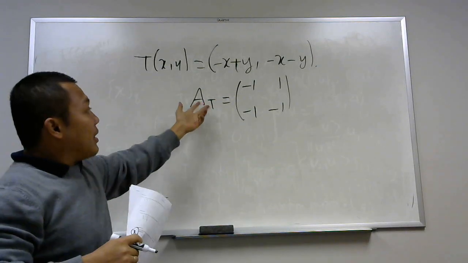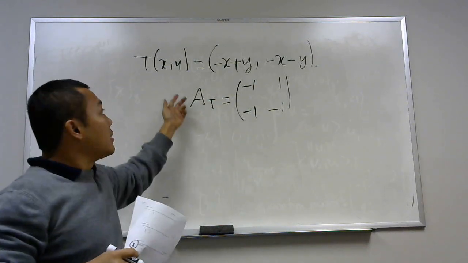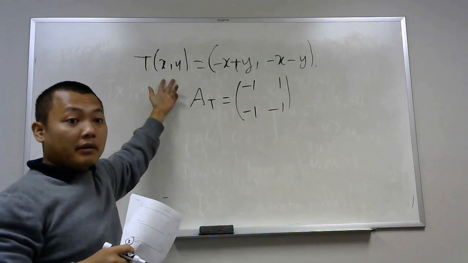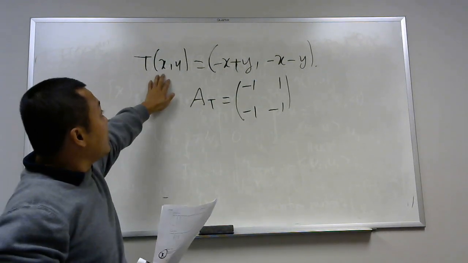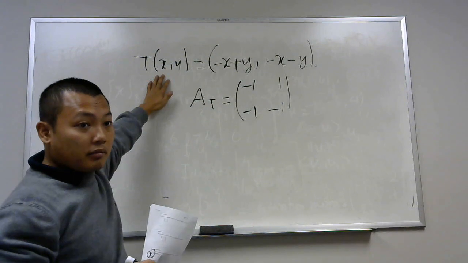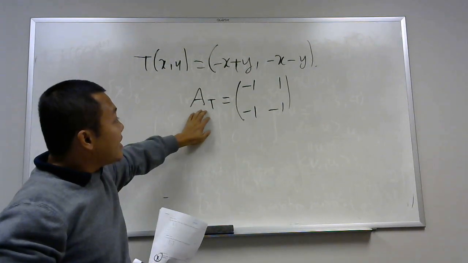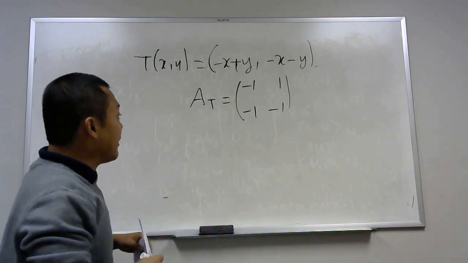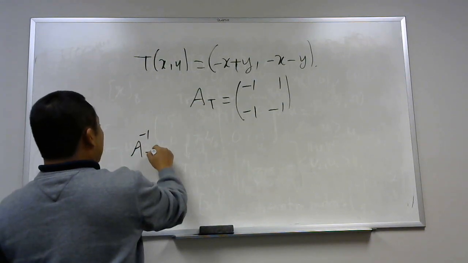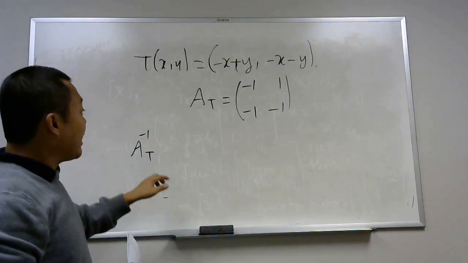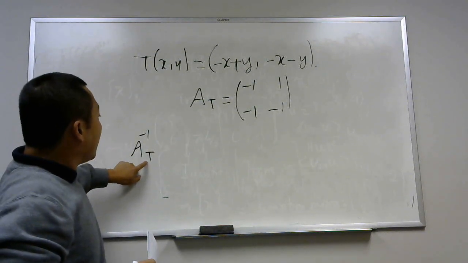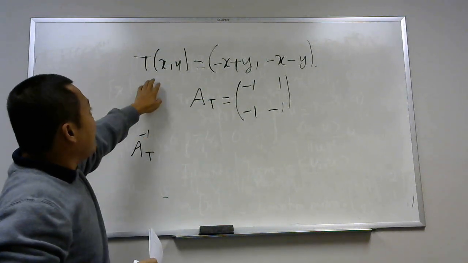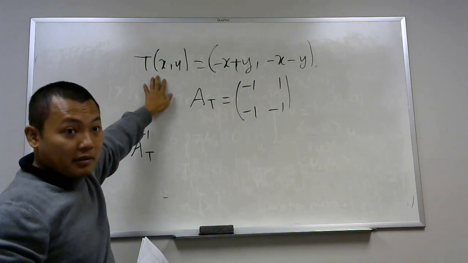If this matrix is invertible, the linear transformation is called invertible. If this matrix is not invertible, our linear transformation is not invertible, right? And in case this matrix is invertible, we can find A_T inverse, and this matrix is the matrix of the inverse of this linear transformation.